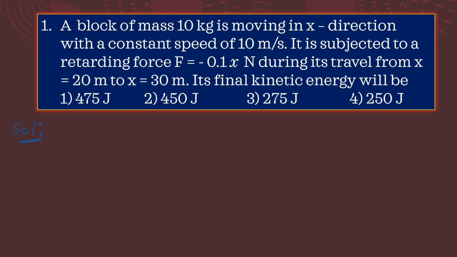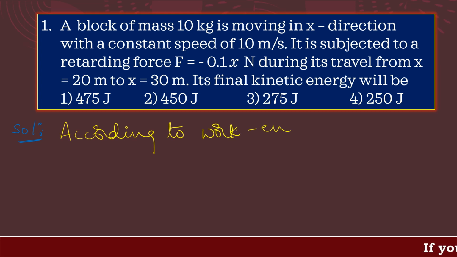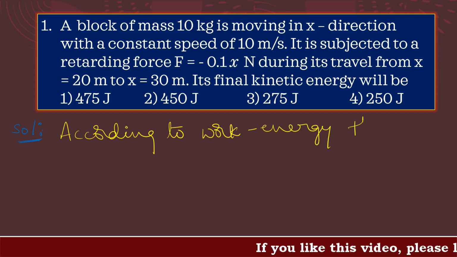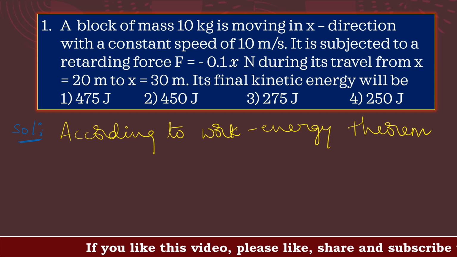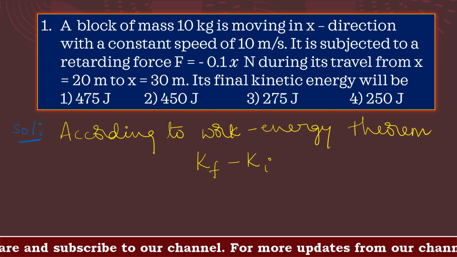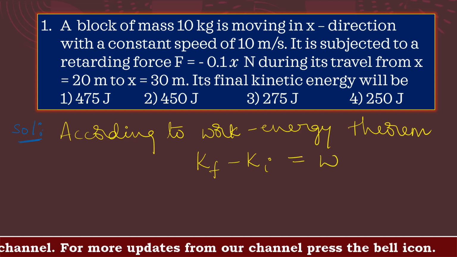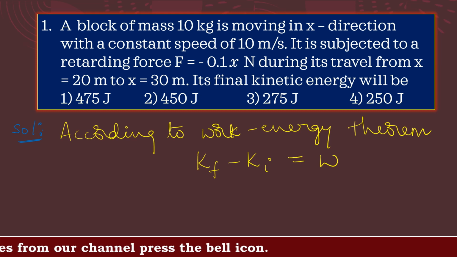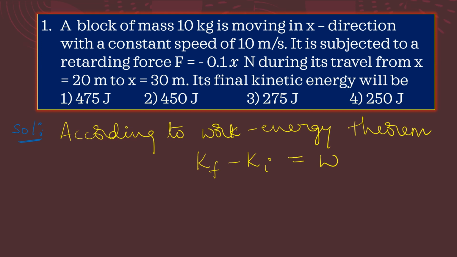According to work energy theorem, final kinetic energy minus initial kinetic energy is equal to W, that is Kf minus Ki equals W. Here we have to find the final kinetic energy.